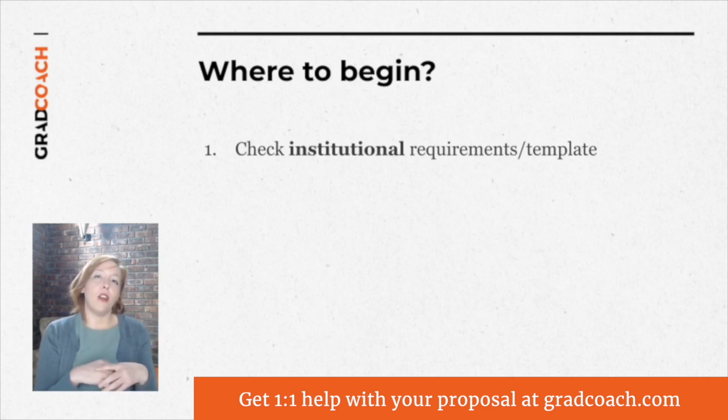Make sure that you're not just writing a generic proposal when they're asking for something very specific. Maybe they're only asking for three elements of a generic proposal. Maybe they are very specific as to what those three elements are.